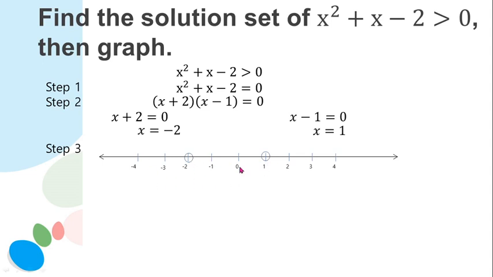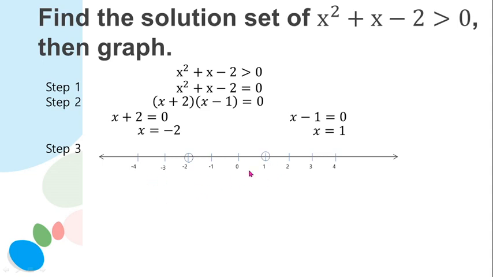So the number line is divided into 3 regions. We have this region less than negative 2. Then we have this region, the region in between negative 2 and positive 1, and our third region, the region which is greater than positive 1.